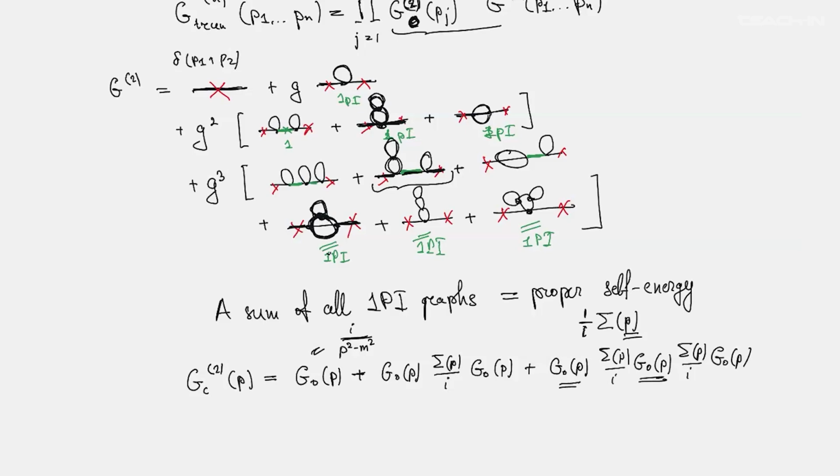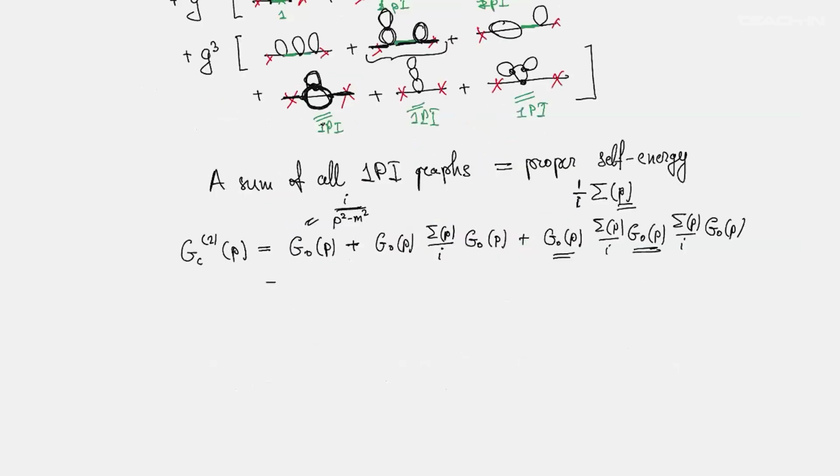But then it's clear that you can continue this game, so you can have G0 of P, sigma of P over i, G0 of P, sigma of P over i, again G0 of P, sigma of P over i, and so on, up to infinity.